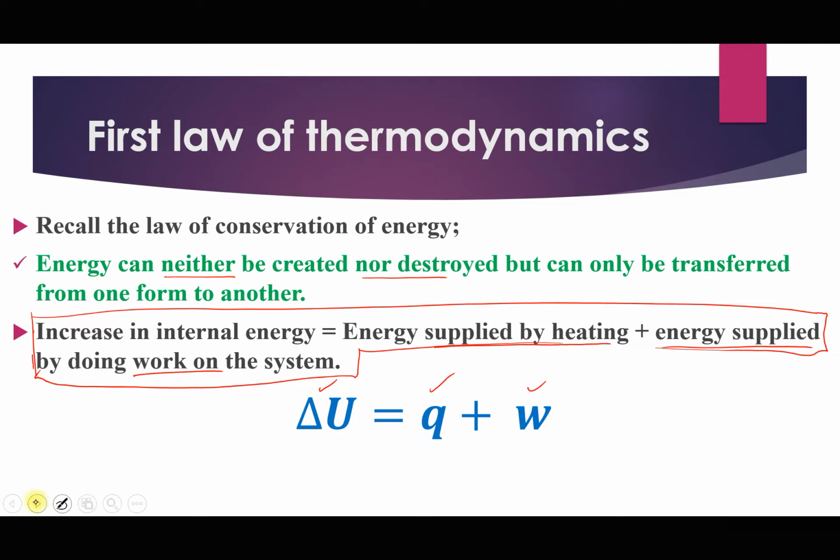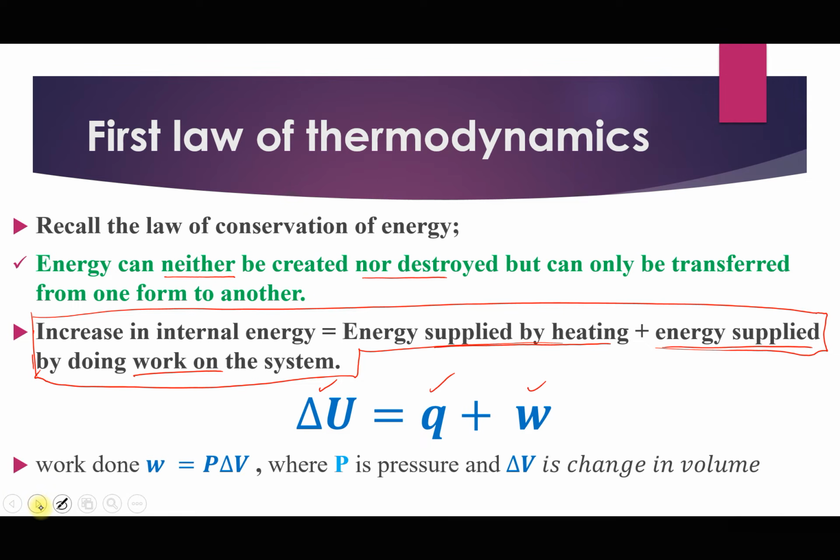Remember from ideal gases, I think we mentioned that the work done by an expanding gas, for example, or the work done on a compressed gas is given by the pressure times the change in volume, where P is pressure and delta V is the change in volume. So we now know the first law of thermodynamics as delta U equals Q plus W. In an exam, you can state the first law of thermodynamics as delta U equals Q plus W, and then you define these letters.